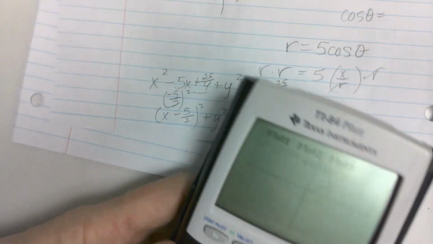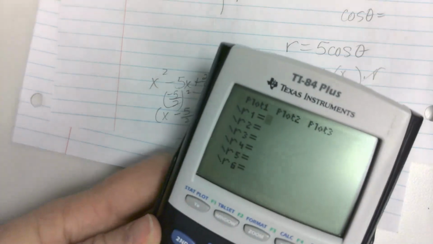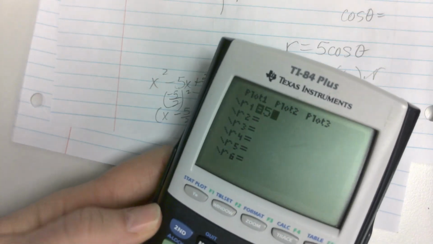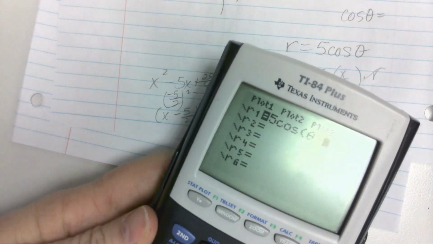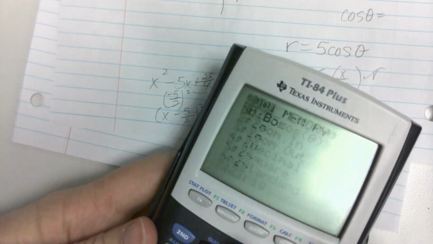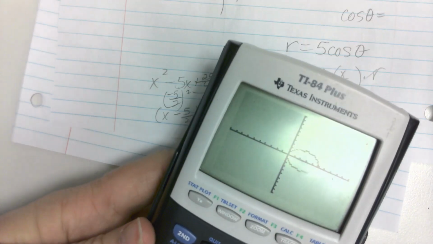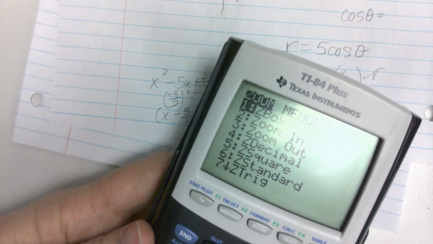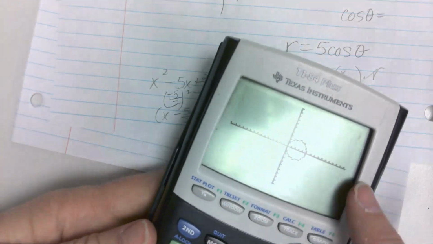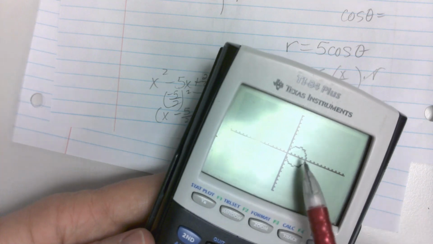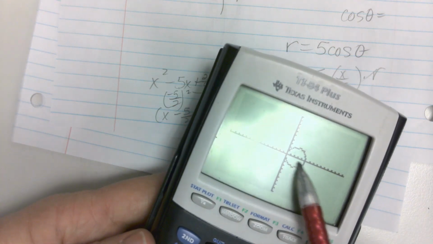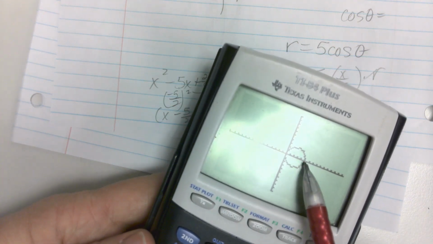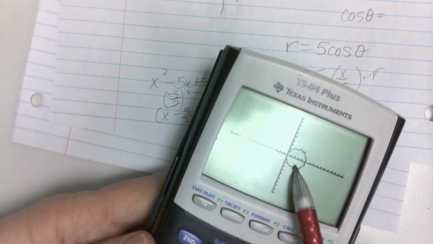So if I graph it, 5 cosine theta. Does it make sense if the diameter is 5?